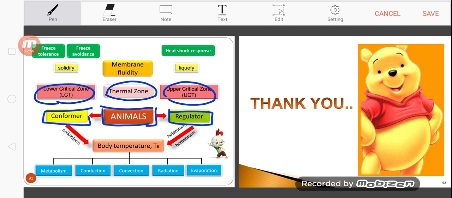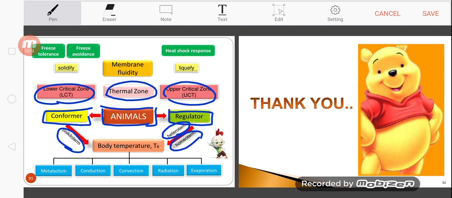Regulators usually have constant body temperature, so the thermal strategy for a regulator is homeotherm or heterotherm. For the conformer, the animal thermal strategy is poikilotherm, with variable body temperature; the body temperature tends to follow the ambient or environment temperature.